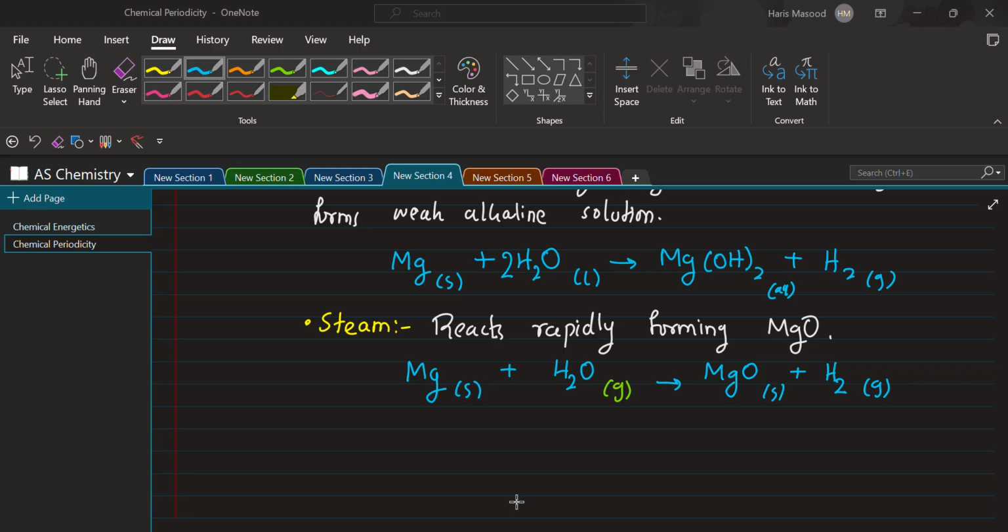Then moving on, we now have period 3 oxides and period 3 chlorides.